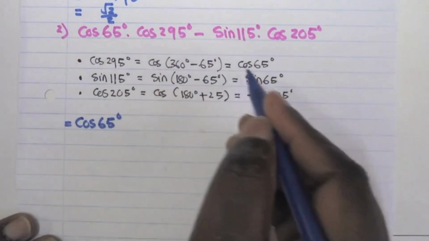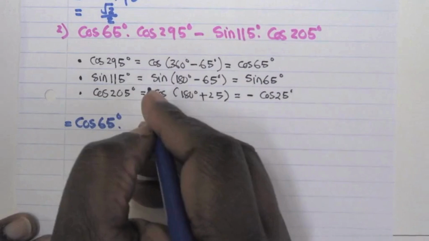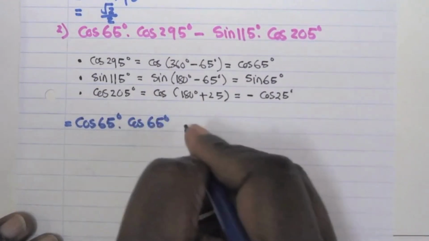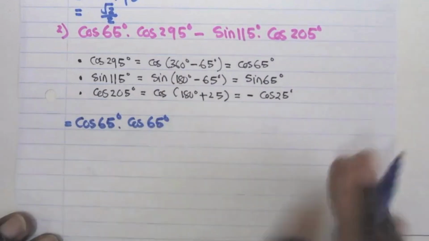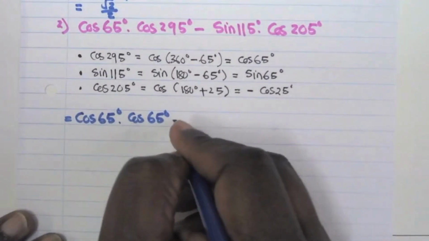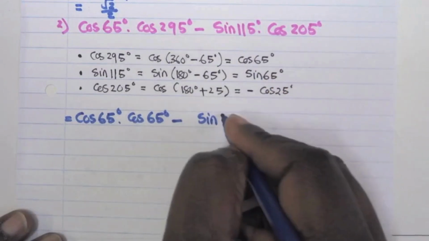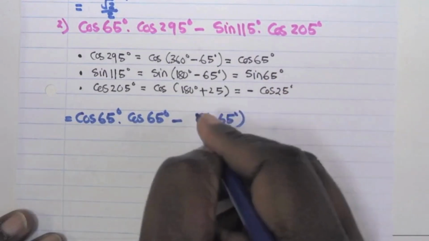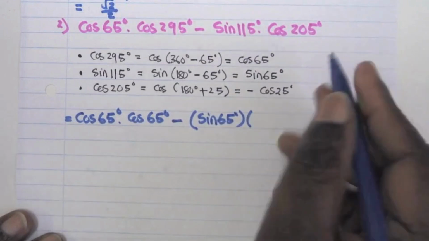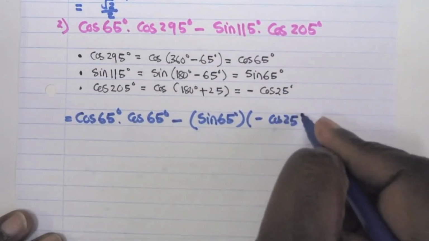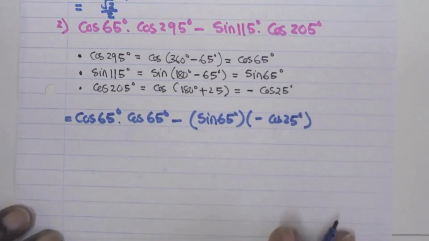This part here, it gave me cos 65 degrees minus sin 65 degrees, and then minus cos 25 degrees.